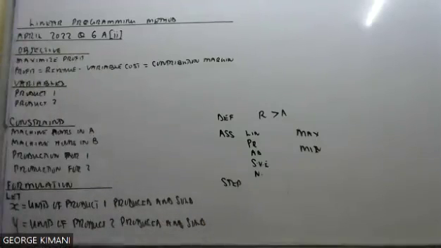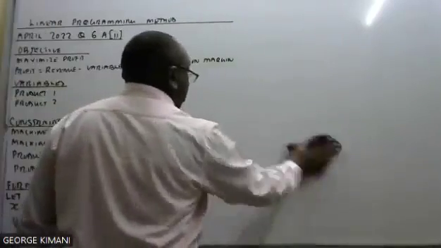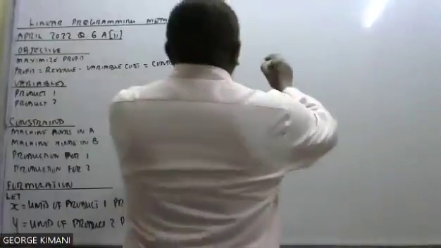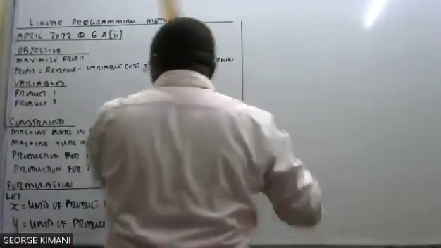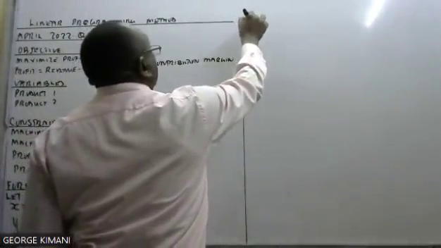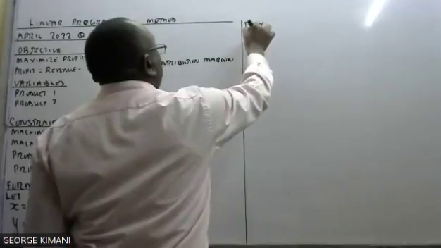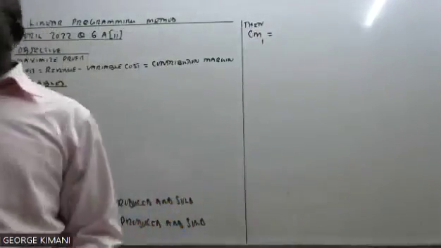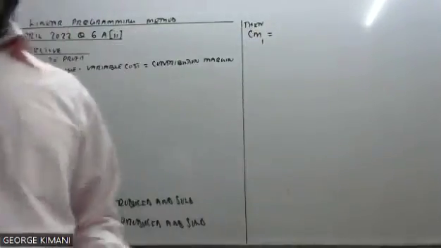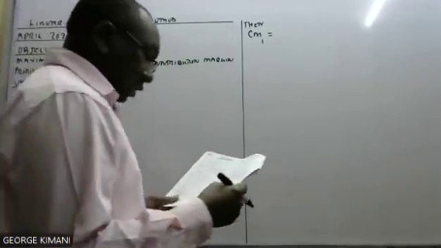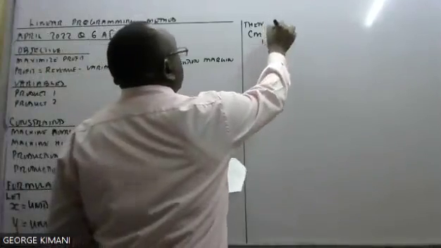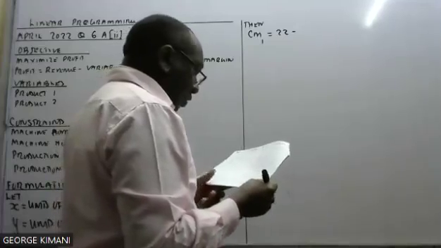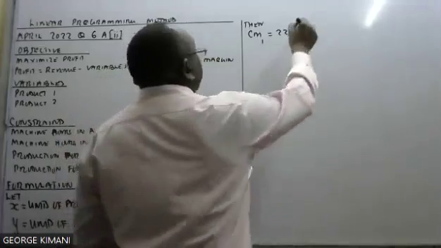Now at that point, we need to get to the contribution margin. Contribution margin for product 1, because the question has not given it to us in a direct way. You can see the selling price is 22 and the material and labor cost is 14 shillings.